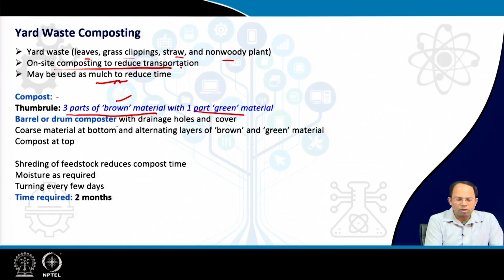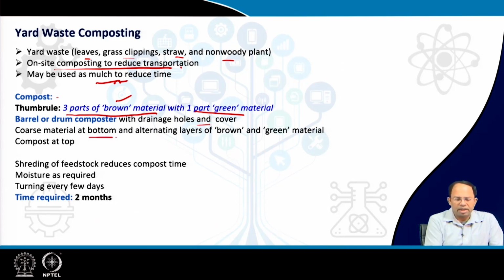So a barrel or drum composter is utilized. It's just a simple barrel with holes at the bottom, and a cover is given so that it is not infested by flies or other kinds of vectors.